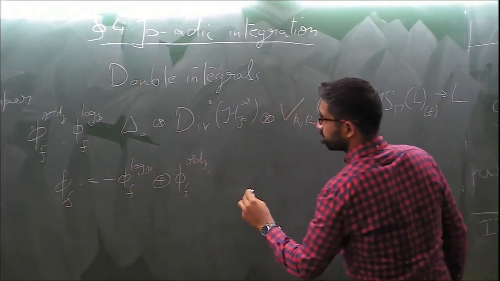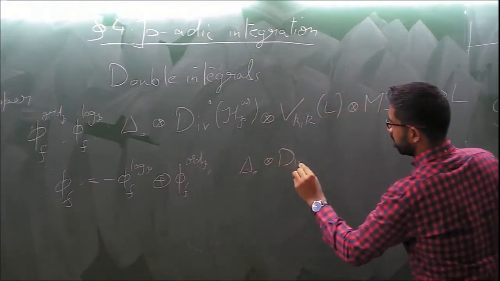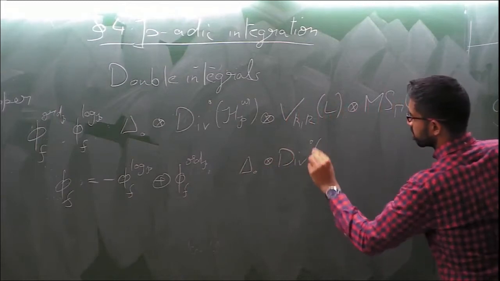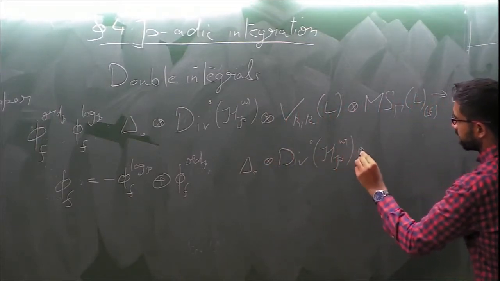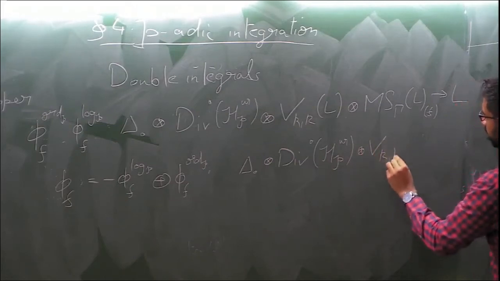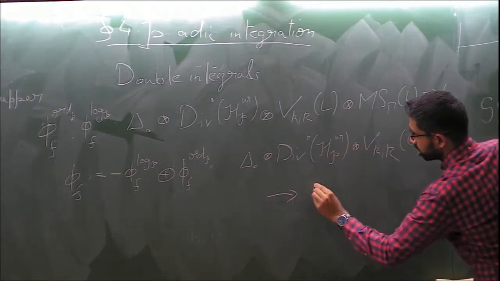So this will be a map from degree 0 divisors on the cusp, degree 0 divisors on the p-adic unramified plane times VKK, and I'll write this as a map in this form.